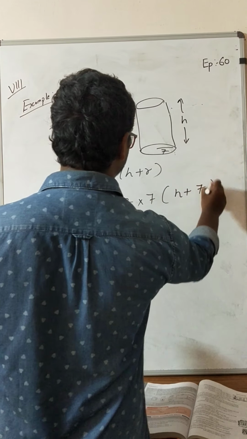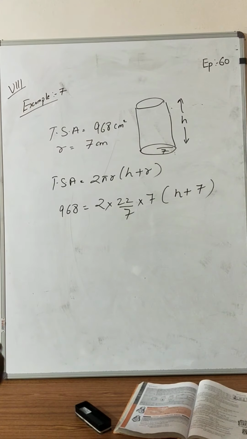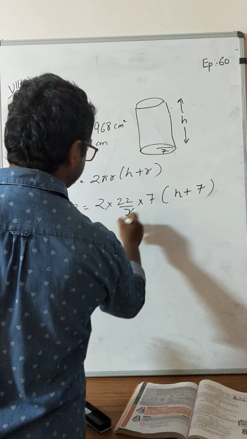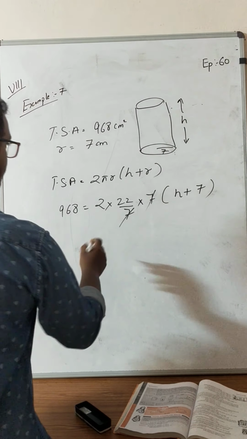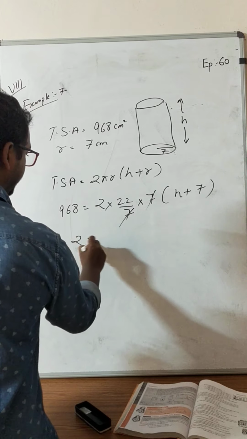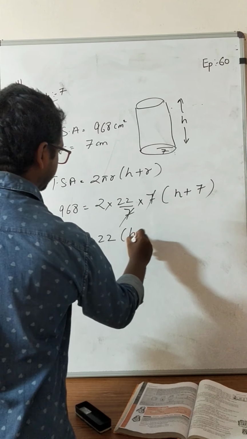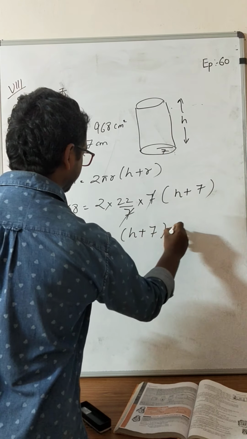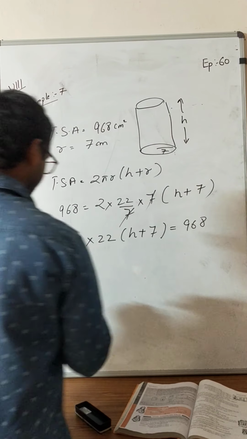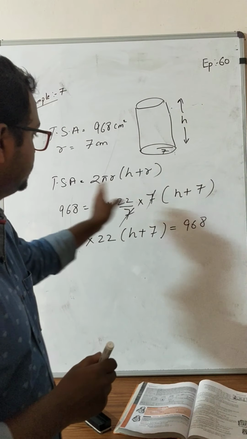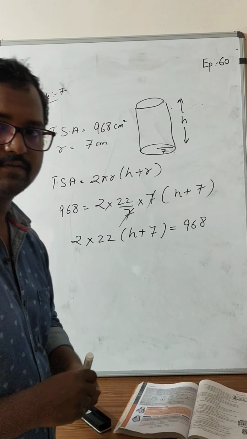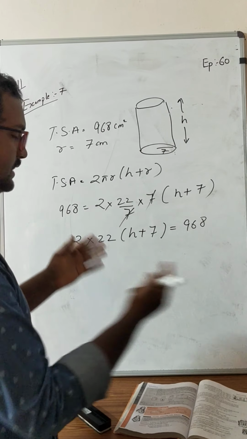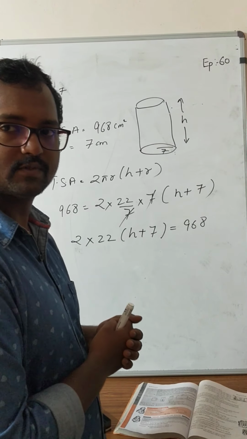First we will cancel this 7 and this 7. Next, I just shifted both sides; I brought this from the left side to the right side, and there will be no sign change.